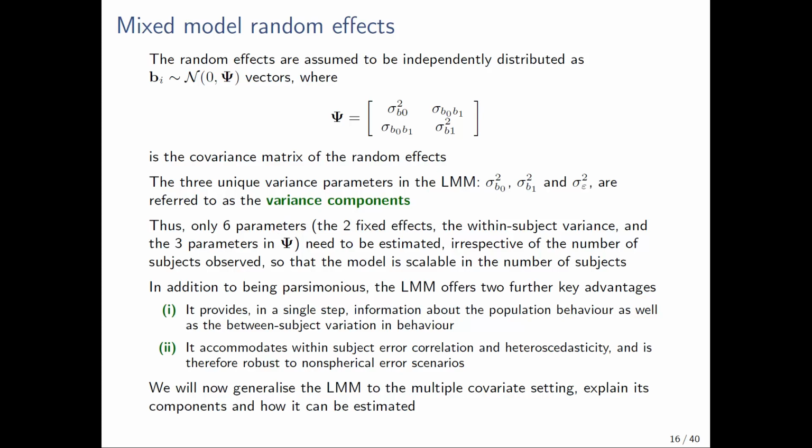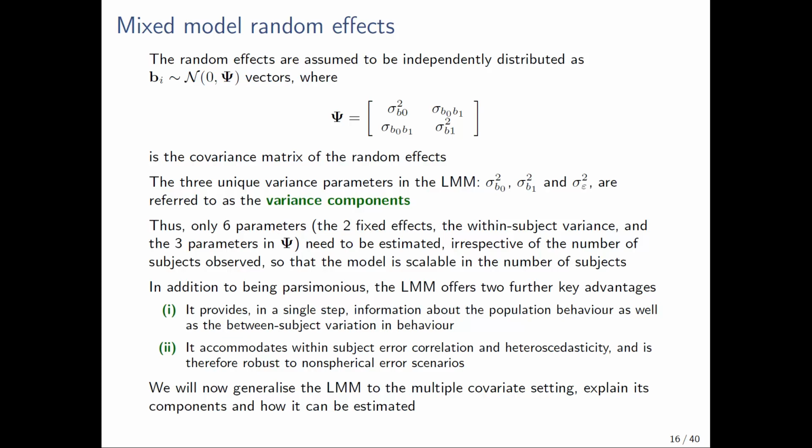So if we had 26,000 subjects instead of 26, we would still only need these 6 parameters in order to be able to calculate both the fixed effects and the random effects in the model. So in that sense, a linear mixed model is truly scalable in the number of subjects, and that's one of its key advantages.